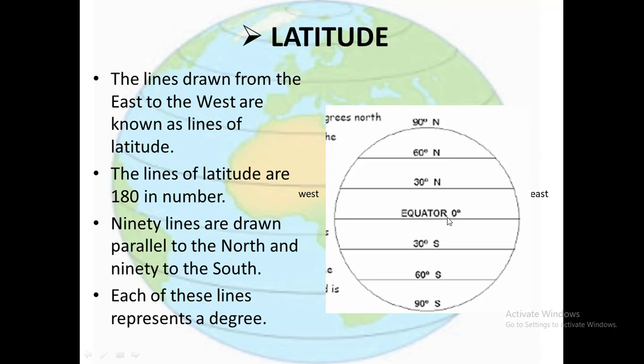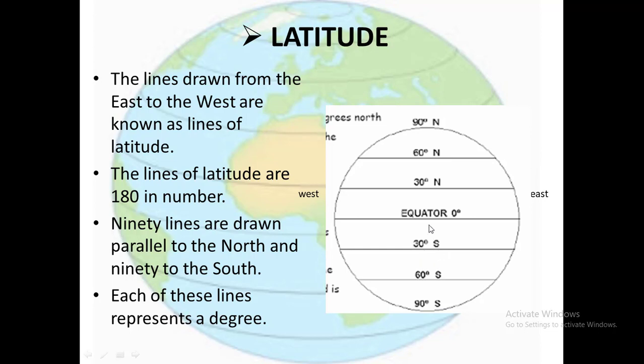And again there are some other lines. Here the earth divides into two parts. One is Northern Hemisphere. N stands for Northern Hemisphere, and here is S. S stands for Southern Hemisphere.